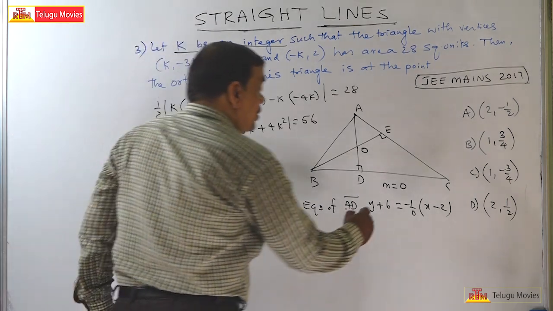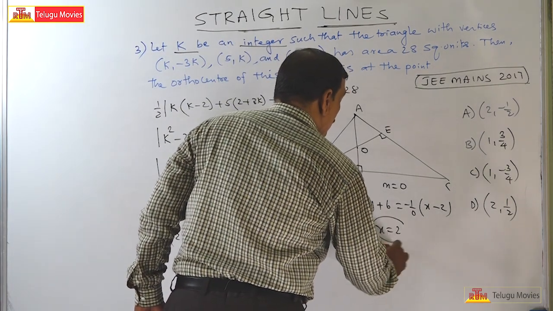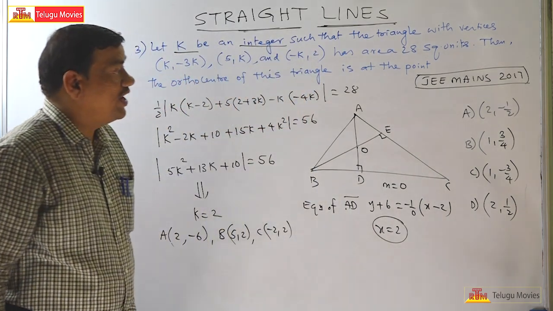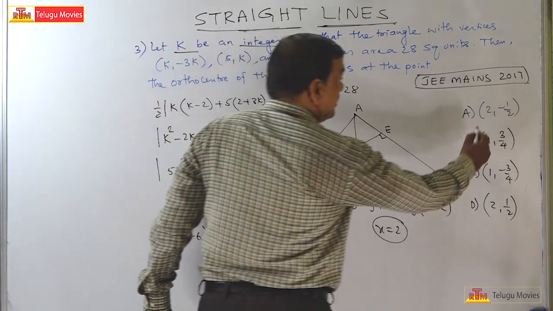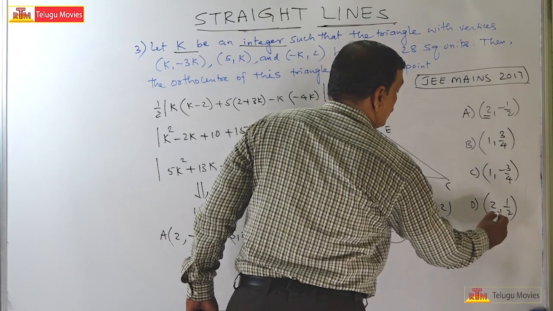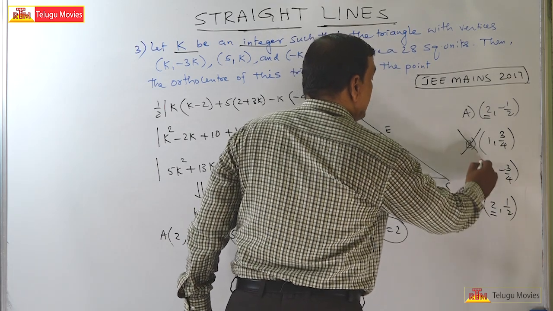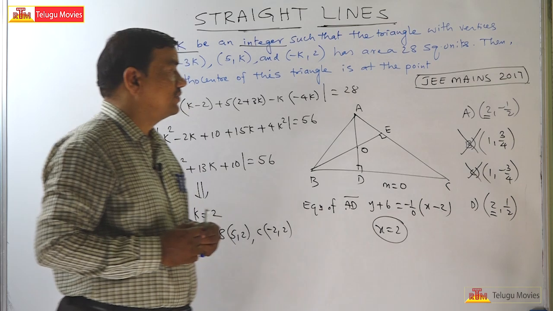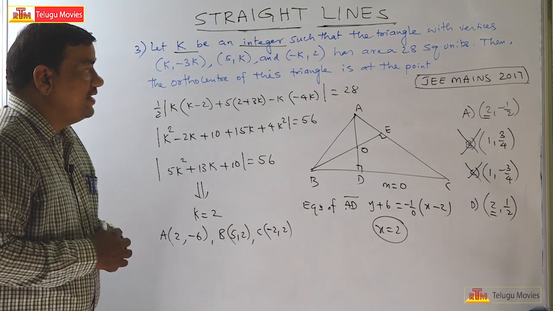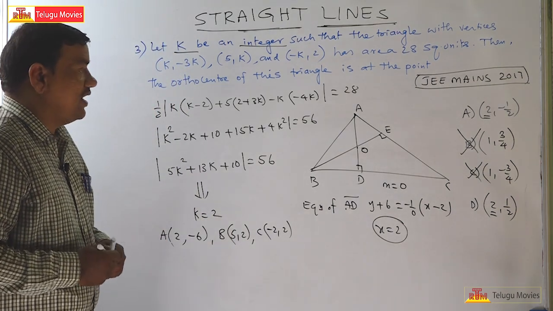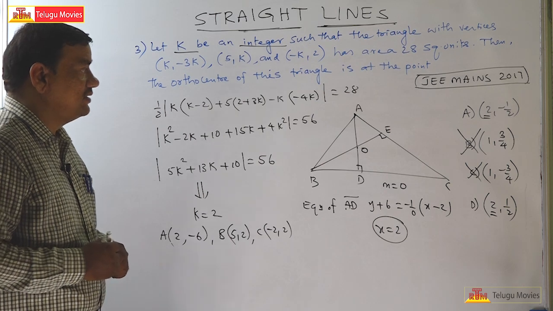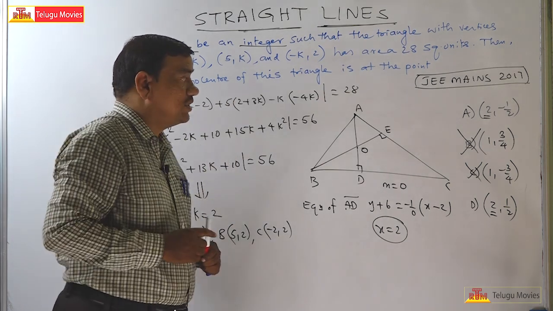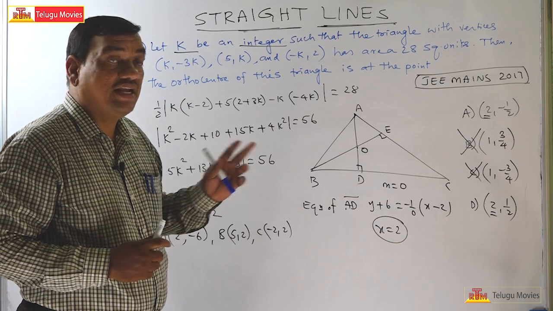Therefore x is equal to 2. See here, x is equal to 2. Therefore options B and C can be discarded. Now let us check the remaining to decide which is the correct answer, either A or D.